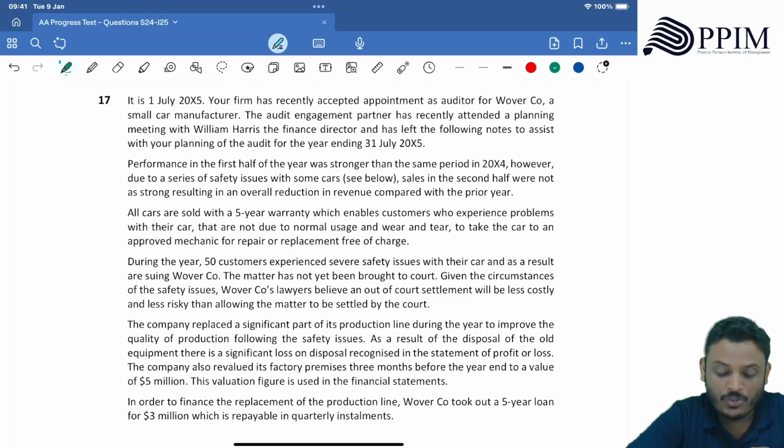However, due to a series of safety issues with some cars, sales in the second half were not strong. Overall reduction compared with the prior year.